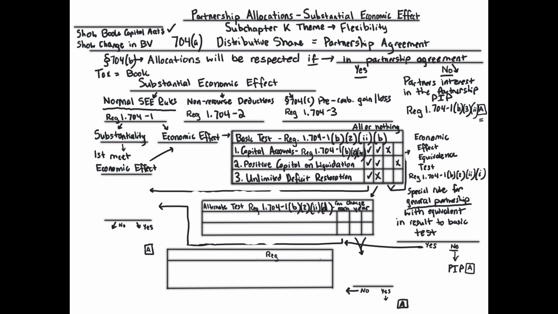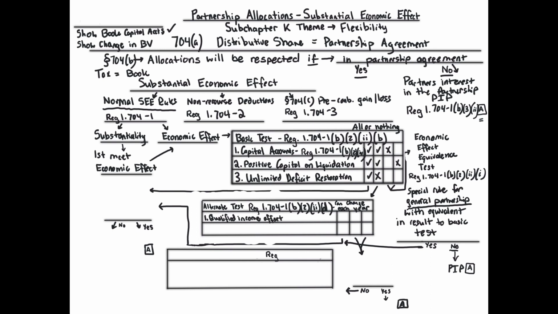This is not an all or nothing test. It could be that in years 1 and 2 the allocation is respected, but in year 3 it's not, because based on the requirements, they've now failed. You meet the first 2 requirements of the basic test, and there are 2 additional requirements that have to be met. The first requirement is there has to be a qualified income offset in the partnership agreement.